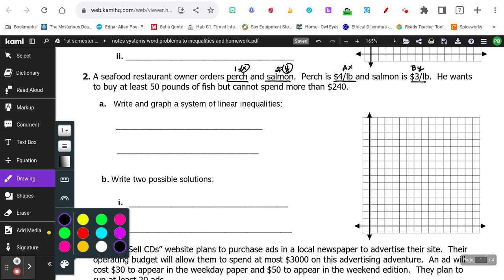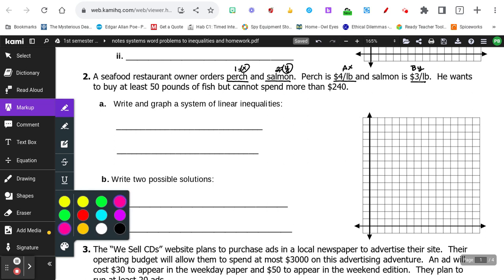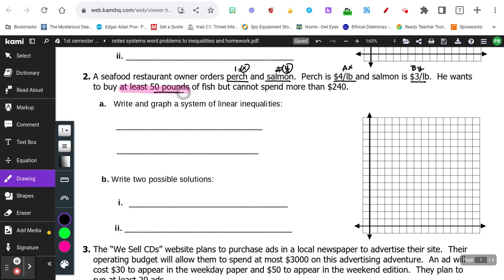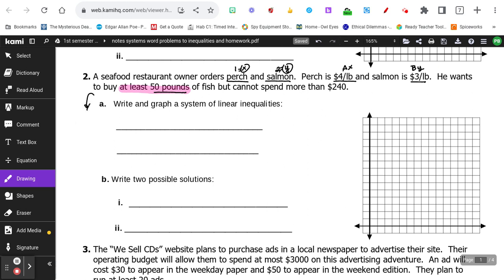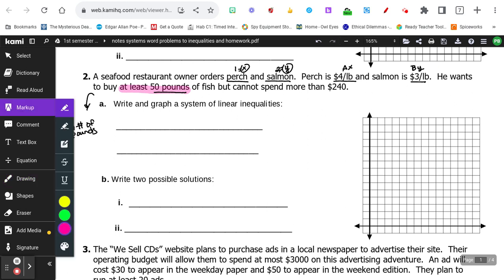And it says he wants to buy at least 50 pounds of fish. So at least 50 pounds. This is going to provide one thing, so that's going to provide something over here for equation 1. It's got to deal with total number of pounds. And let's figure out what it says.